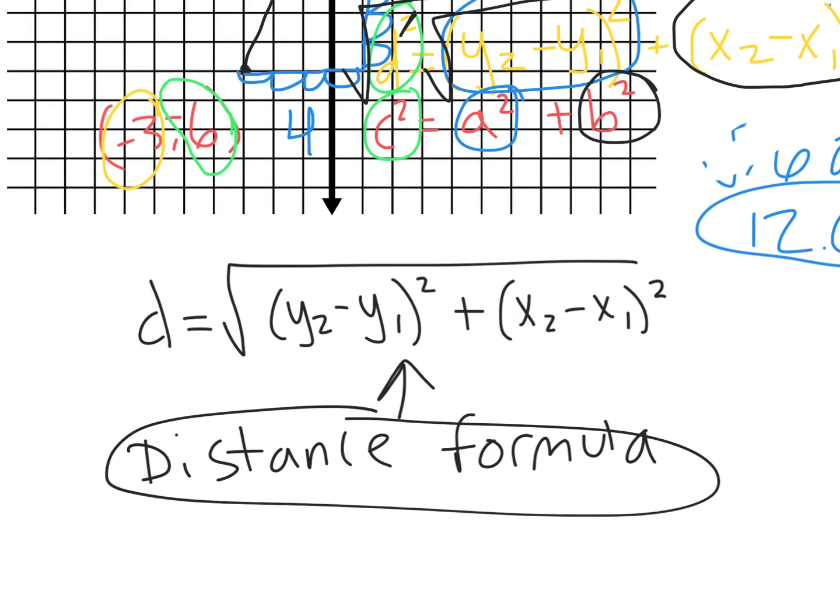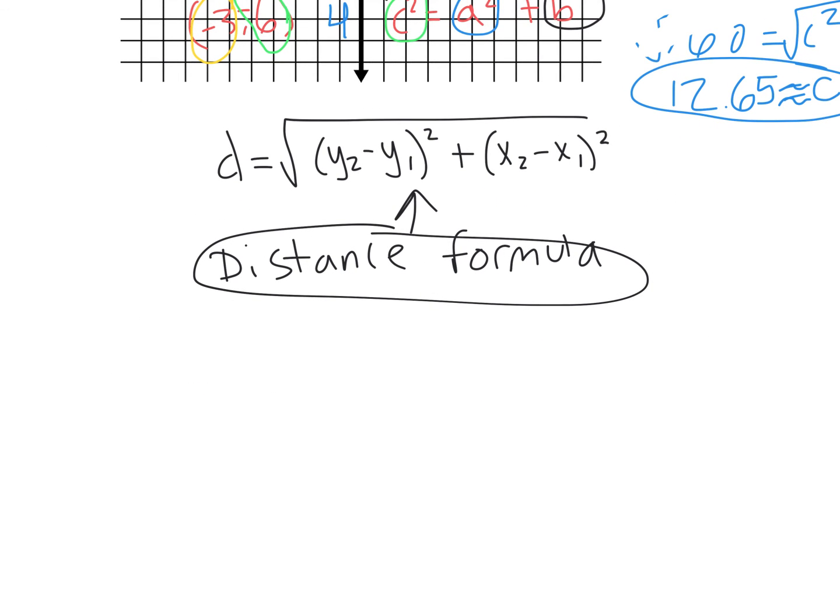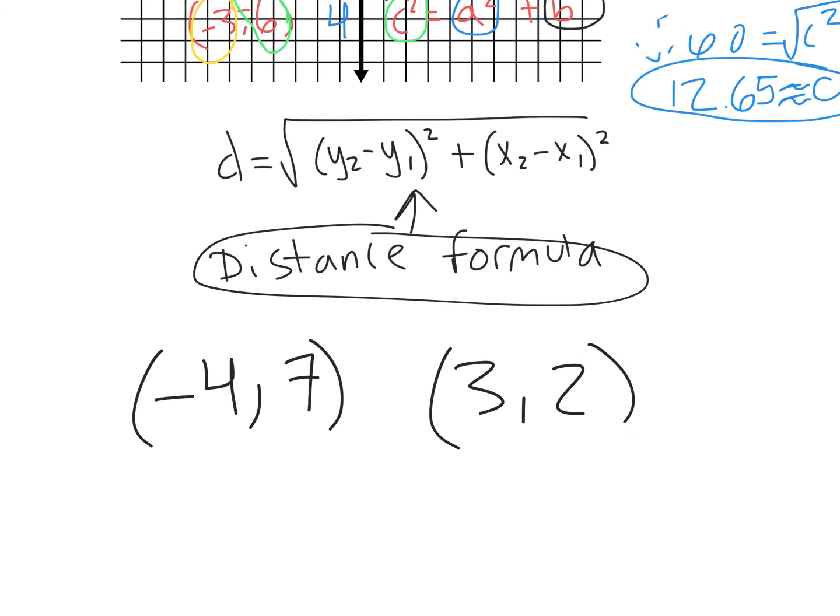So if we want to use this distance formula, all we need to do is have an x and a y and another x and a y. So let's try that once. Let's zoom out and get a little space here. So let's say that we had the coordinates -4, 7 and 3, 2.